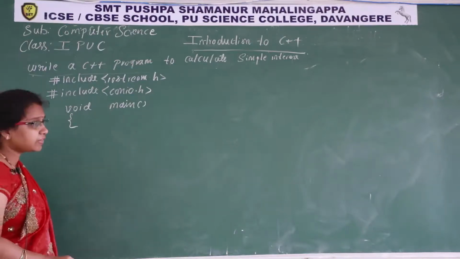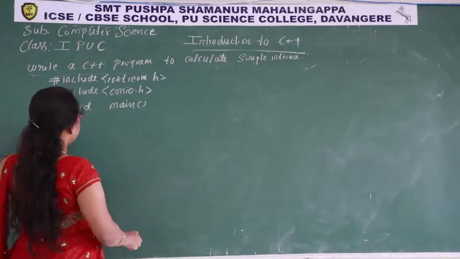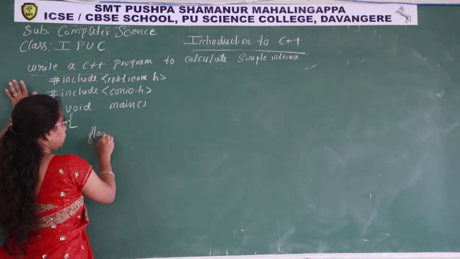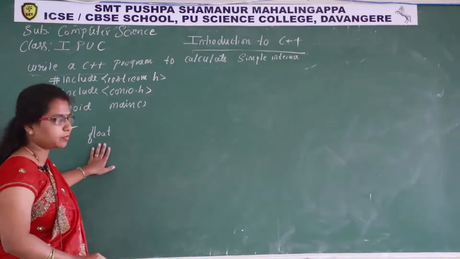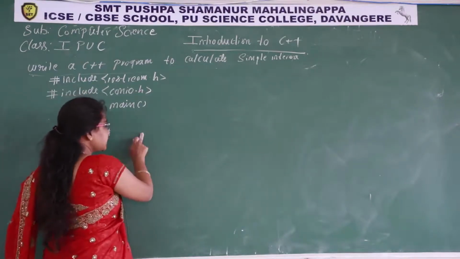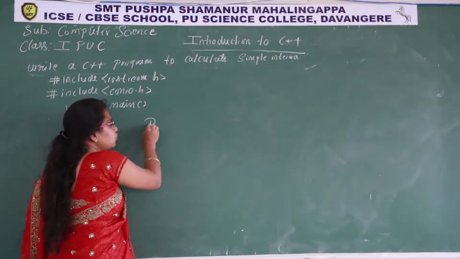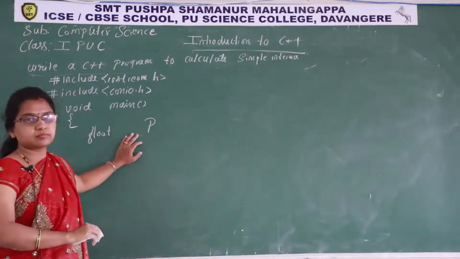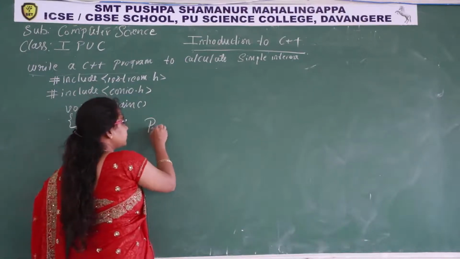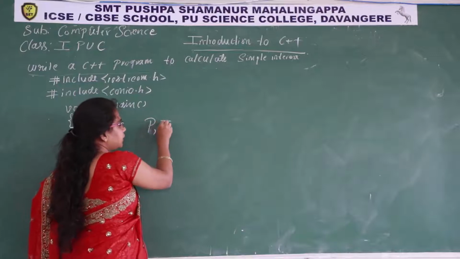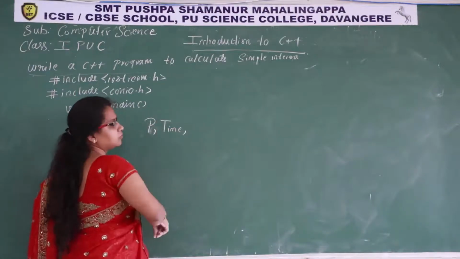Better take relevant names to the program. I'll take floating type here. Float is a keyword and it is a data type. Data type, space, variable names, isn't it? Principal amount, to store principal amount I'll take P, or you can take the whole word. I'll take P. Time, I'll take time here.